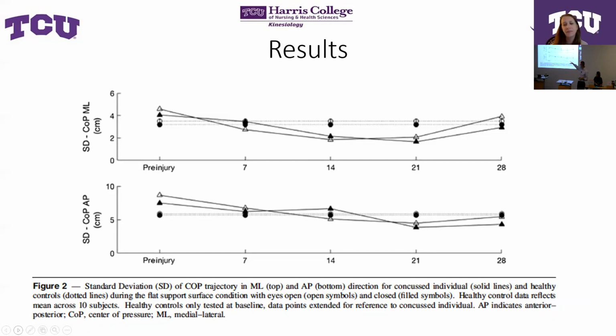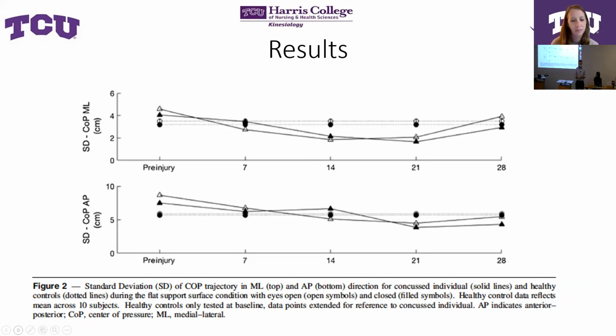The triangles that we see on there are our concussed individual, and we brought him back at 1, 2, 3, and 4 weeks after he had sustained his concussion, and ran him through the test that we were running. One thing that comes out of this standard deviation measurement is that this individual seems to be returning towards baseline, at the level of our controls, at 28 days post concussion.